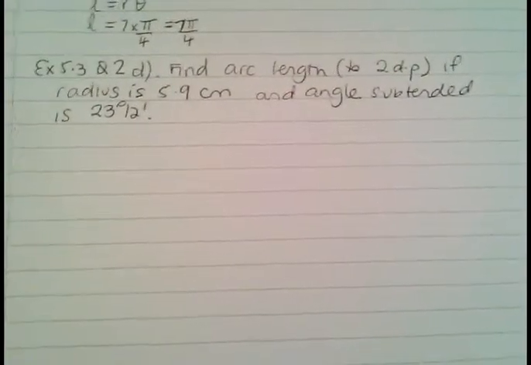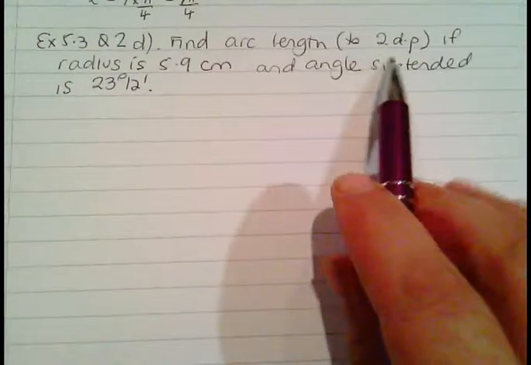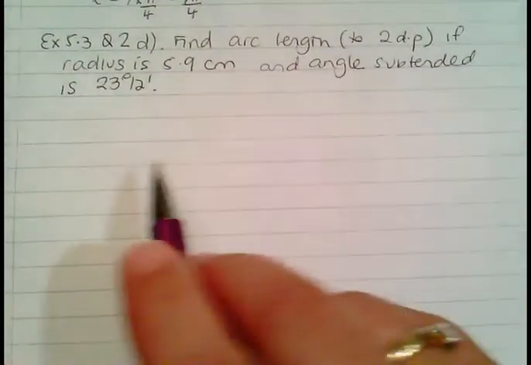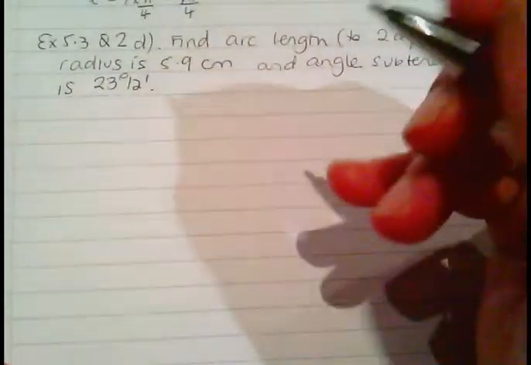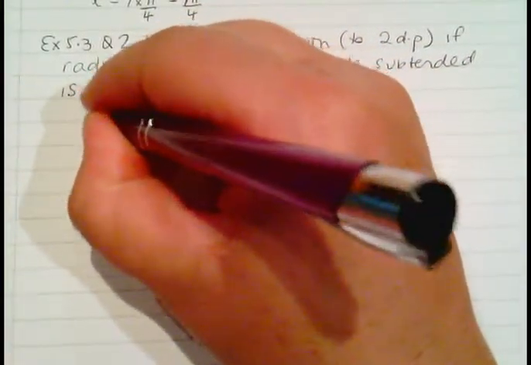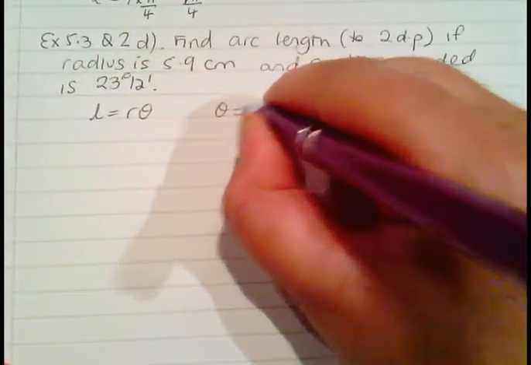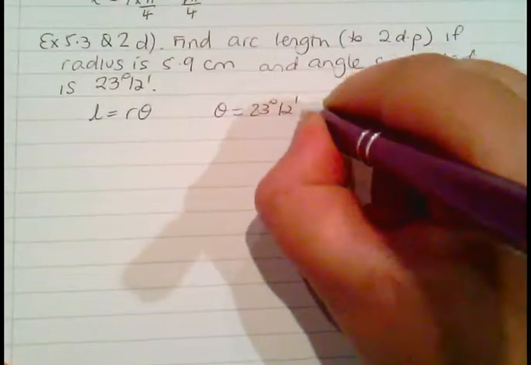Okay, so second example here, find the arc length to 2 decimal places if the radius is 5.9 centimeters and the angle subtended is 23 degrees 12 minutes. Again, L equals r theta. In this case, theta is 23 degrees 12 minutes.